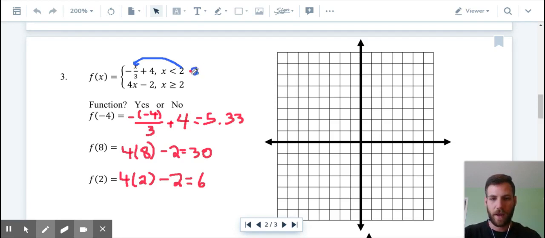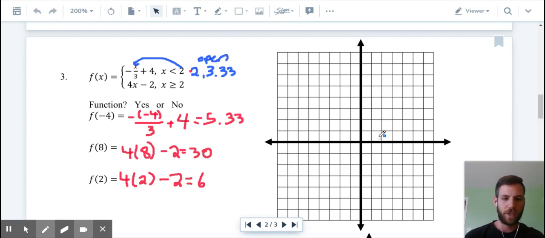So I would have 2 comma 3.33, and that is going to be an open circle because of that less than sign. And we can go over to 2 comma 3.33 and put a little open circle right there.